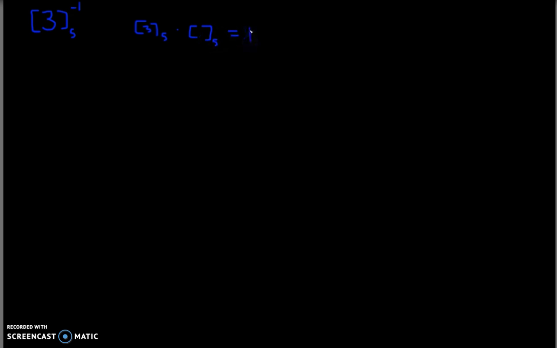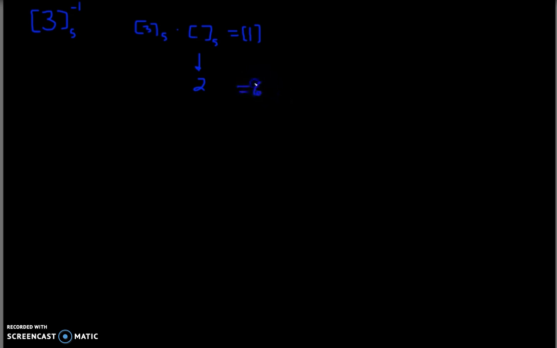Well, thankfully we're working with a small set, so it's not that hard to test the numbers out. Since we are working with mod 5, we're just thinking of 0, 1, 2, 3, and 4. And the only number that could be here is 2. Why? If we do 3 mod 5 times 2 mod 5, that's going to give us 6 mod 5.